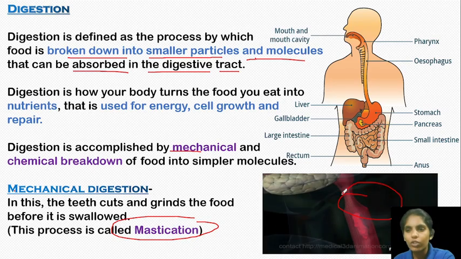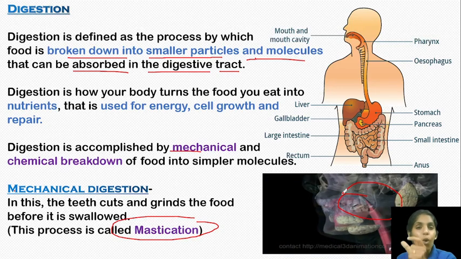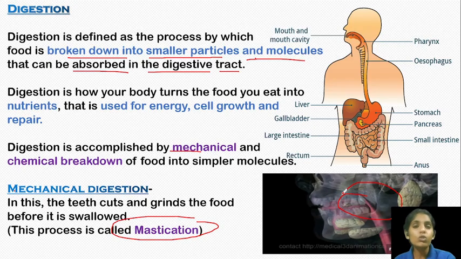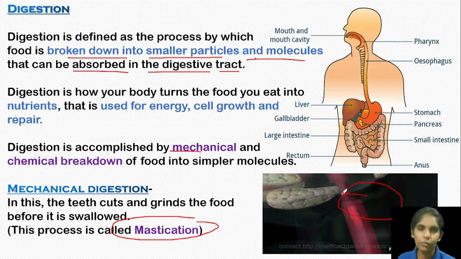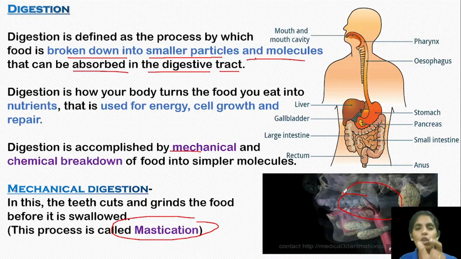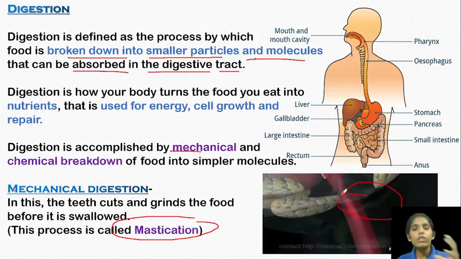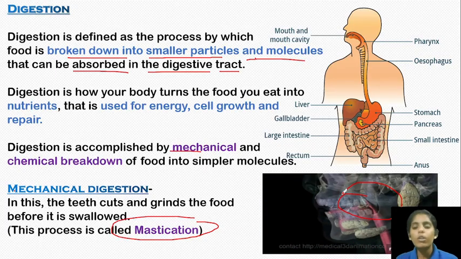This bolus is formed so that it can be easy for us to swallow the ground food. Okay, the term is bolus, and the term for the cutting and grinding of the food is mastication. So conclusively, in mechanical digestion, the food is broken down into smaller particles.